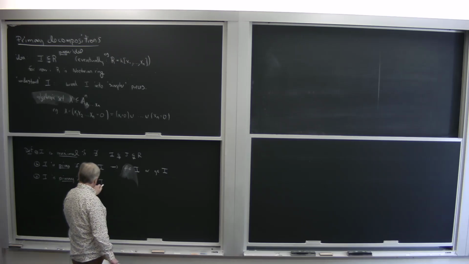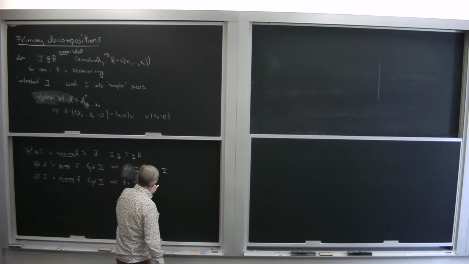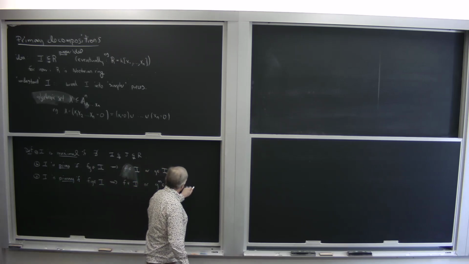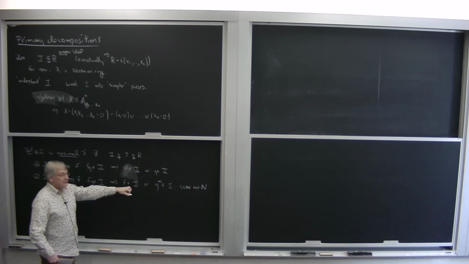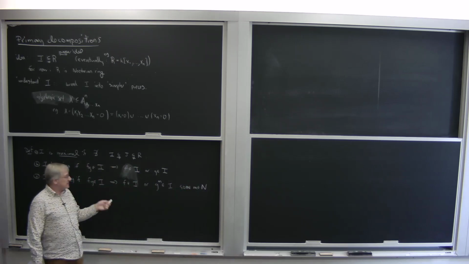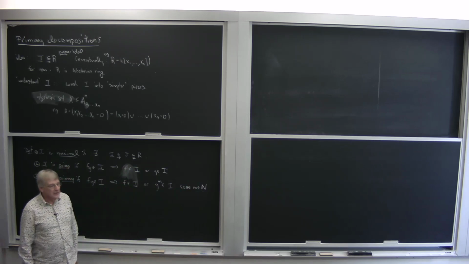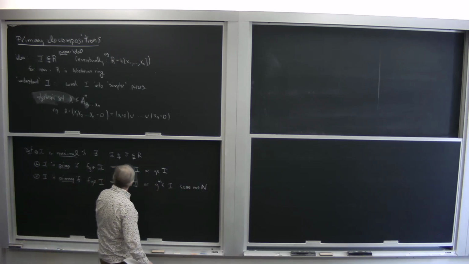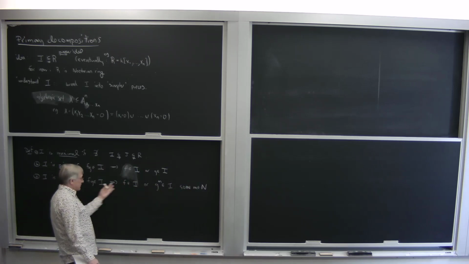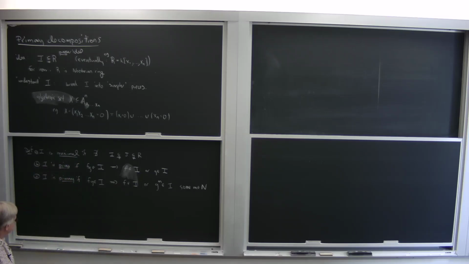I is primary if fg in I implies f is in I, or g to the m is in I for some natural number m. This is not very symmetric, but you get to choose, as the person using this condition, which one is f and which is g. So it's not like one of them is in it and the other one. I can say fg is in I, so I can flip this too. So I get lots of conditions here.